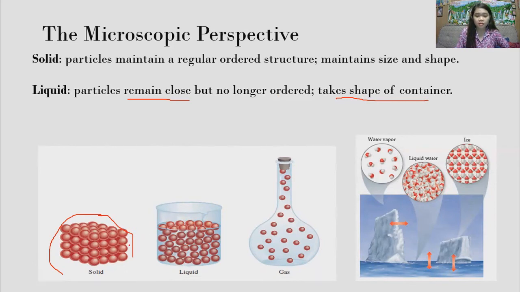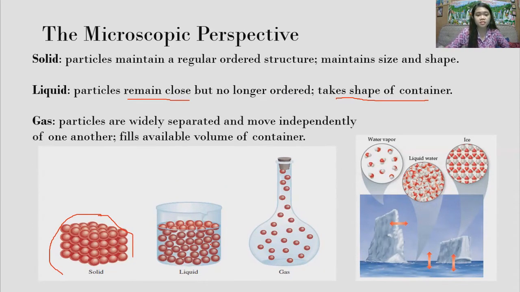It's more difficult to compress them since it could cause the spreading of the molecules. For gases, the particles are widely separated and move independently from one another, and they also fill the available volume of the container.